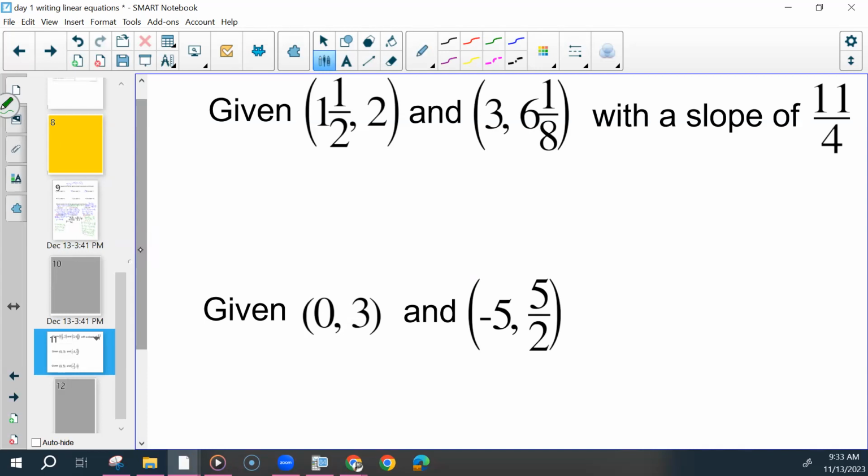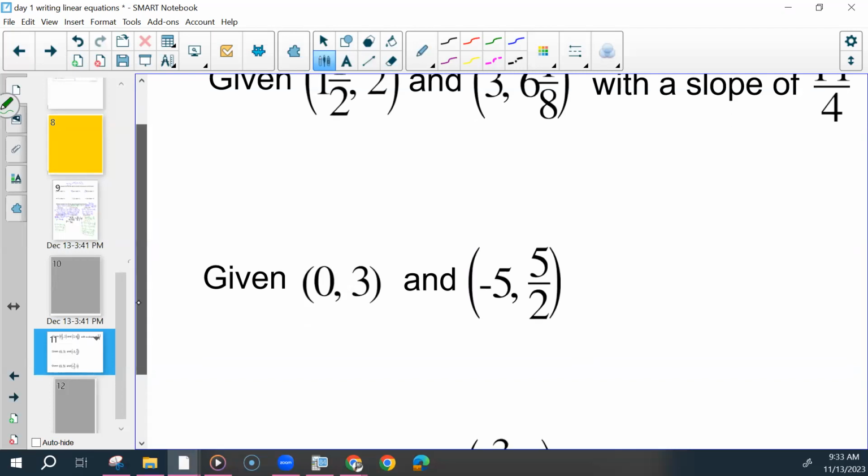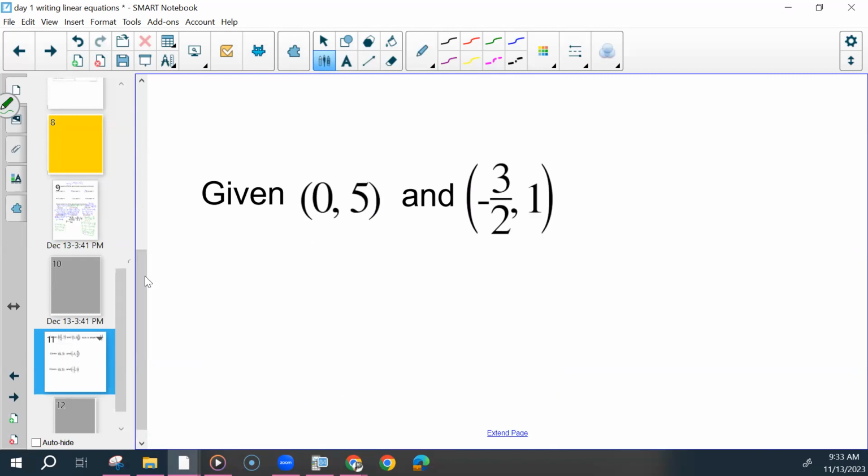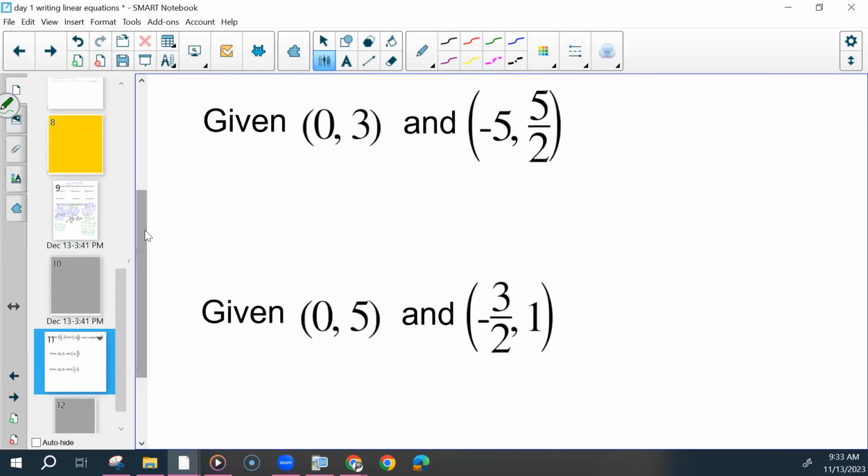The next one is given the point 0.03 and -5, 5/2. You need the first one again. The last one is given 0.5 and -3/2, 1.